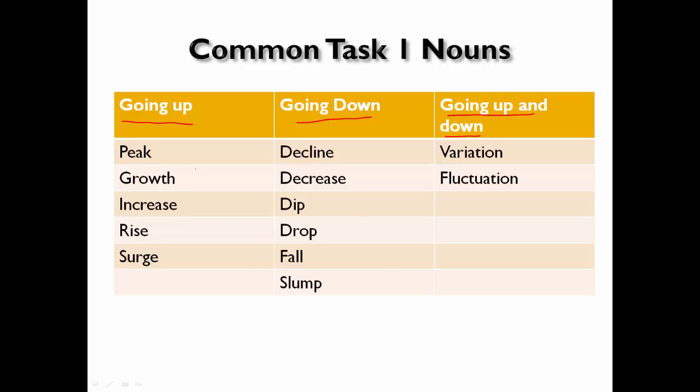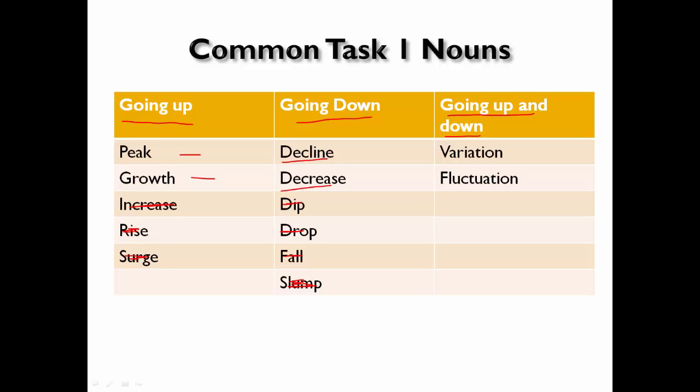You should pick, say you pick peak and growth. Learn these, know how to use these, know the meaning of these, and then you don't have to think about the others. Okay, same for going down. You could just remember decline and decrease, and then you don't have to worry about the rest of them. So pick the ones that you already know or ones that you want to learn, and don't try and remember long lists of words.